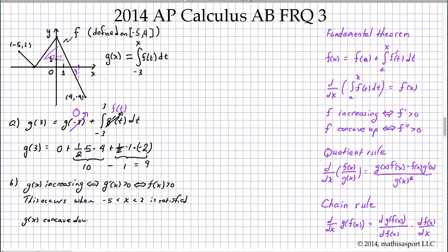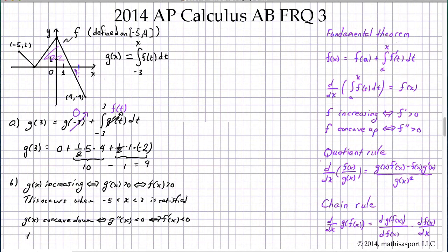Well, concave down, again using our little cheat sheet here, concave down means the second derivative is less than 0. So that's equivalent to g double prime of x being less than 0, which in turn, because of the specific definition we have for g in this case, it means that f prime of x is less than 0.